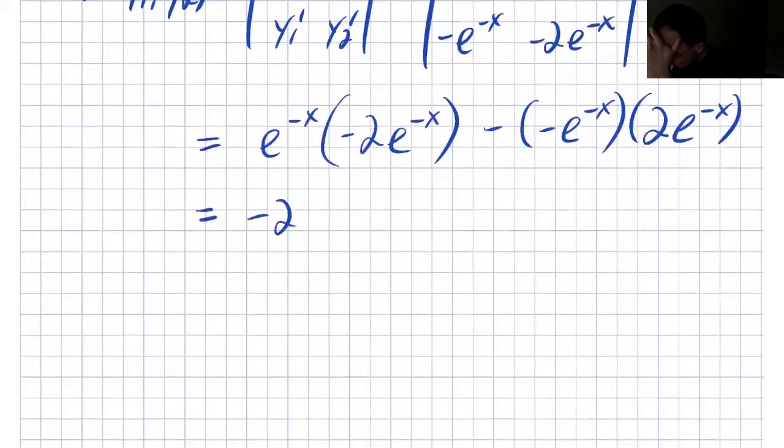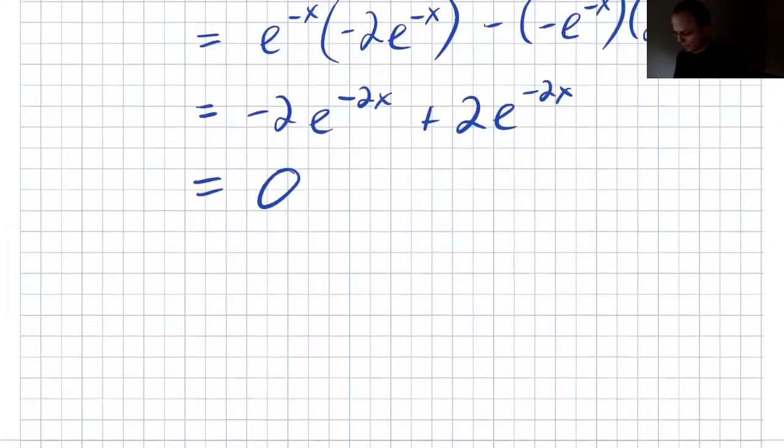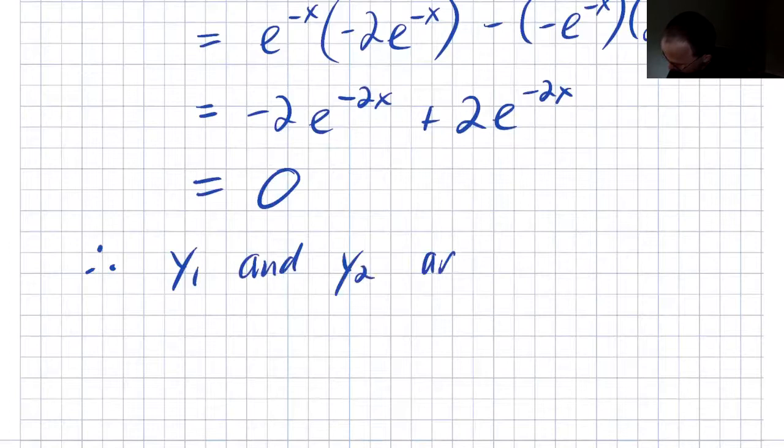So this is negative 2e to the negative 2x, and then plus 2e to the negative 2x, and that is equal to 0. Therefore, y1 and y2 are linearly dependent.